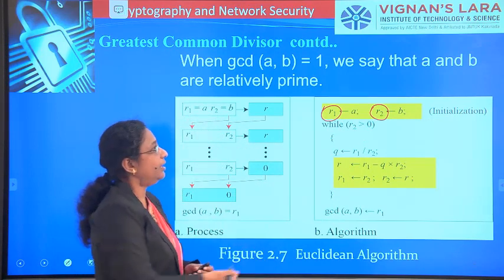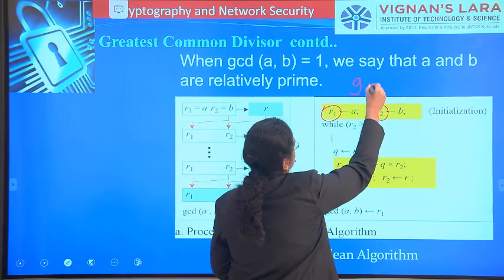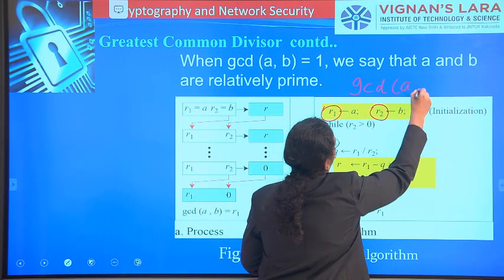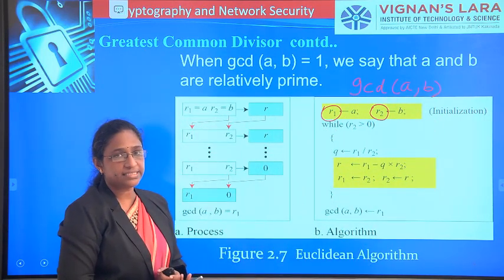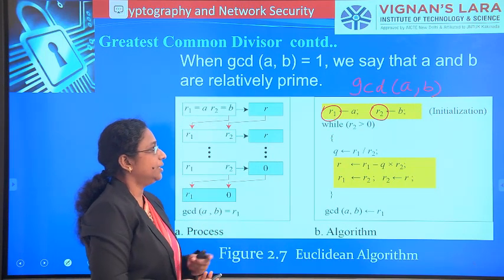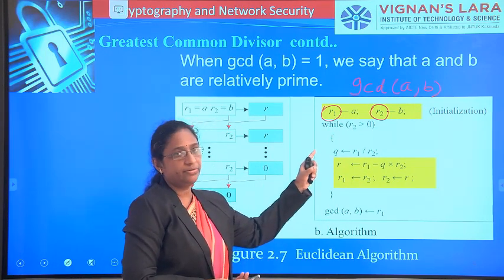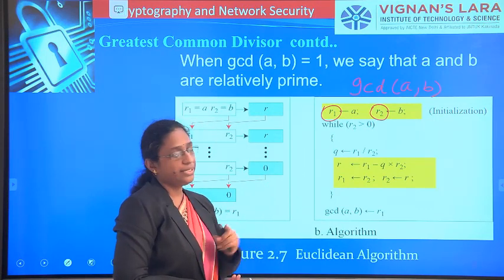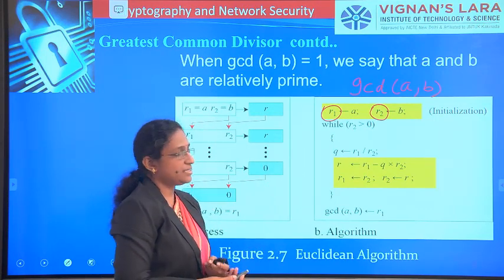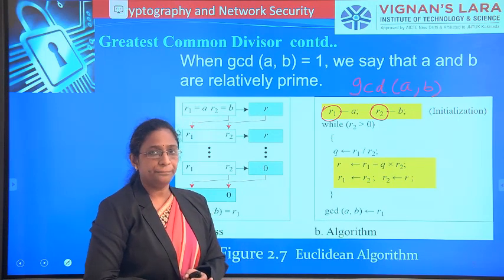I want to calculate the GCD of A and B. So R1 will be initialized to A, whereas R2 is initialized to B.